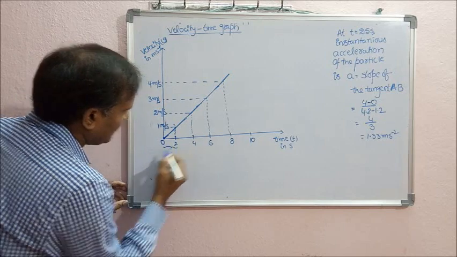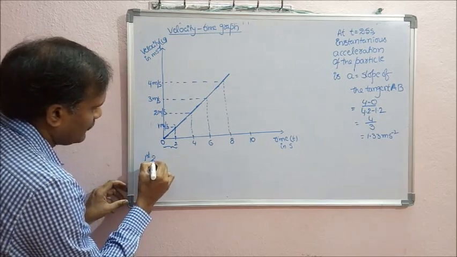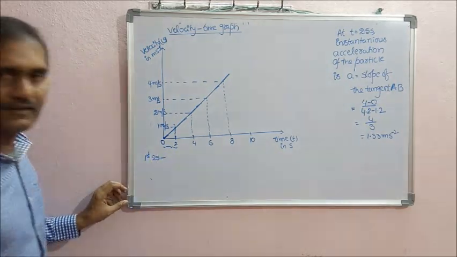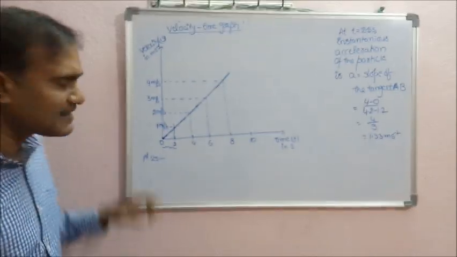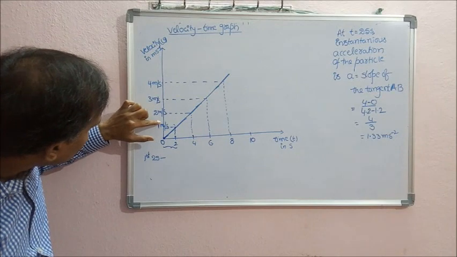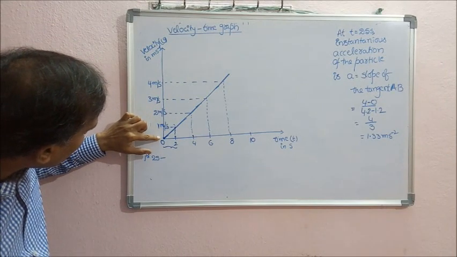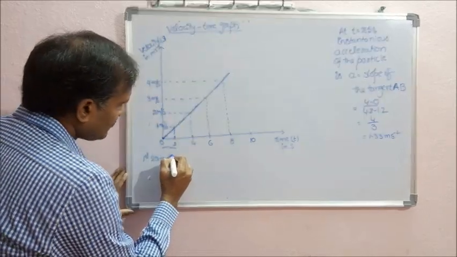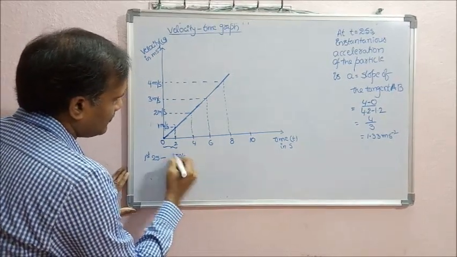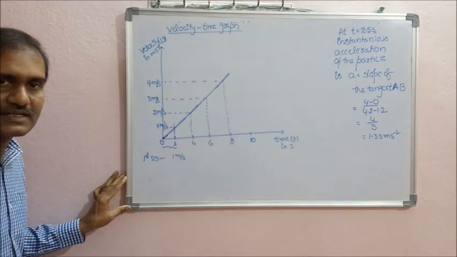In the first 2 seconds, what is the change in velocity of the particle? 1 meter per second minus 0 meter per second. How much? 1 meter per second. Remember that it is the change in velocity.